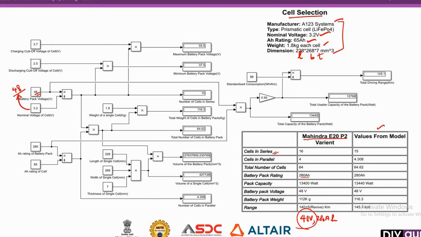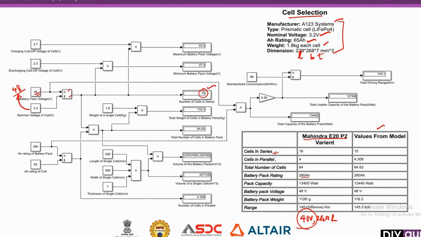So 48 divided by 3.2. See here, we are dividing, so that we get the number of cells in series. I am getting the number of cells in series as 15 cells. I must place 15 cells in series.